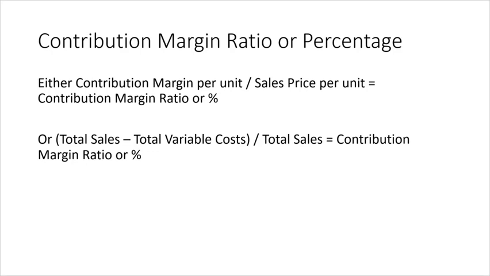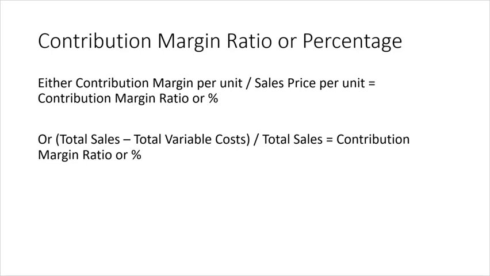Now, sometimes if you don't have per unit information, or it may just make more sense, use the contribution margin ratio to calculate break even. So the contribution margin was your sales price minus your variable costs on a per unit basis.